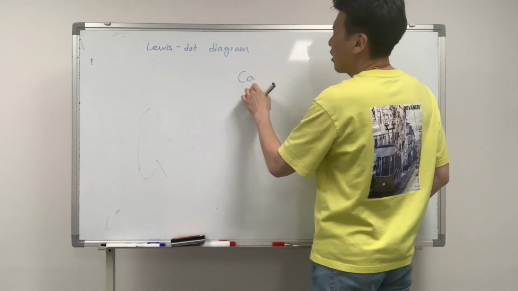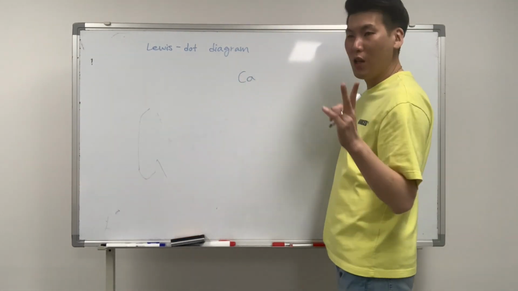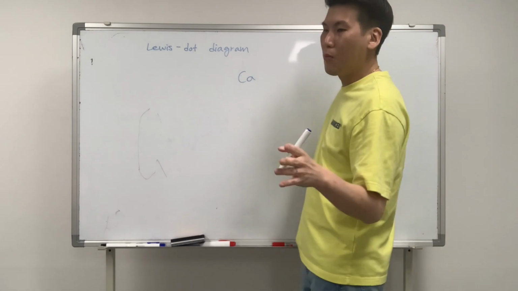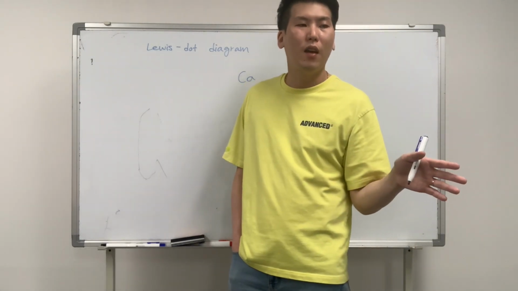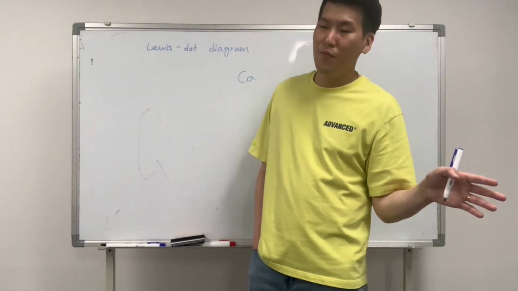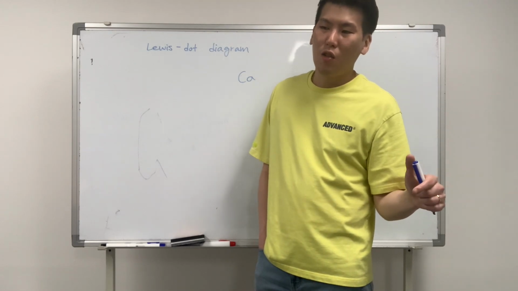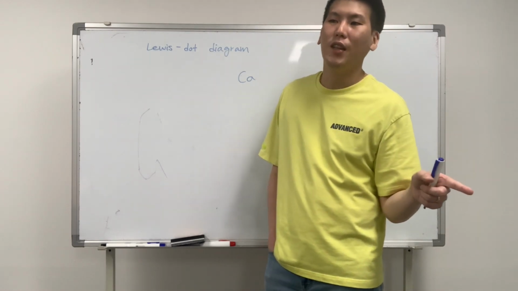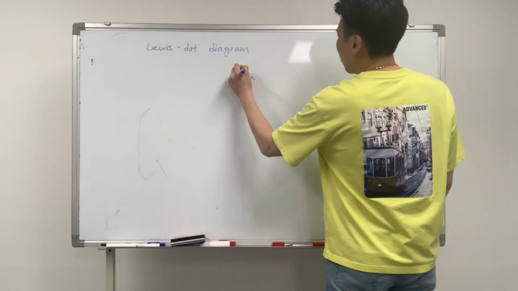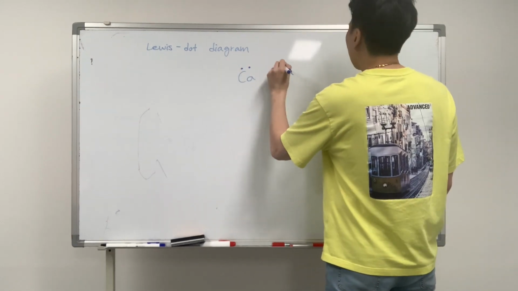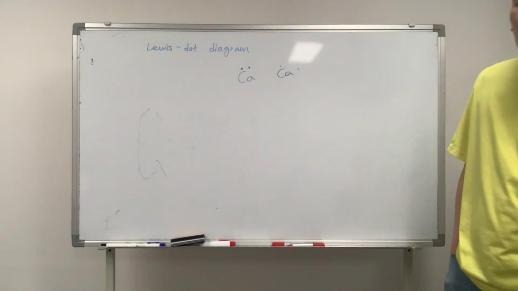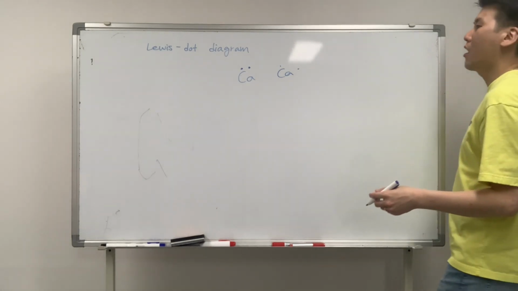Each side can hold up to two dots. Okay, calcium. How many valence electrons does it have? Calcium, 2, right? So you draw 2 dots like this, it doesn't matter which side, just draw 2. Okay, that's called a Lewis dot diagram.